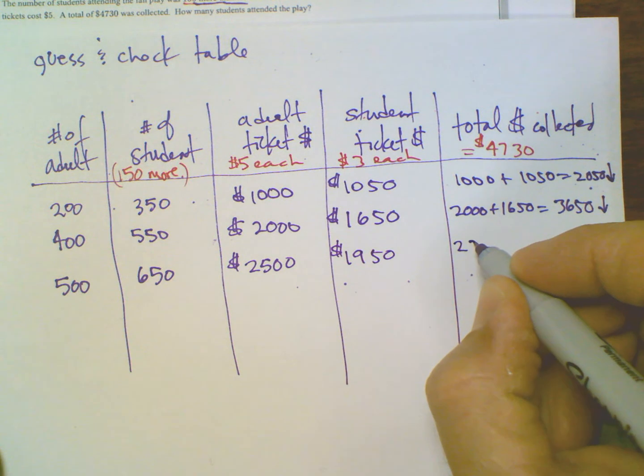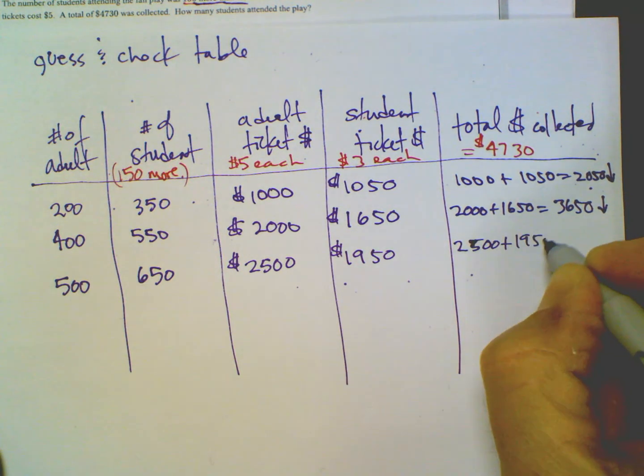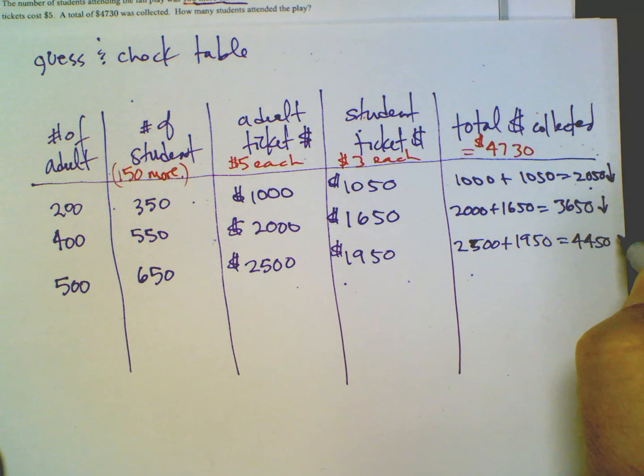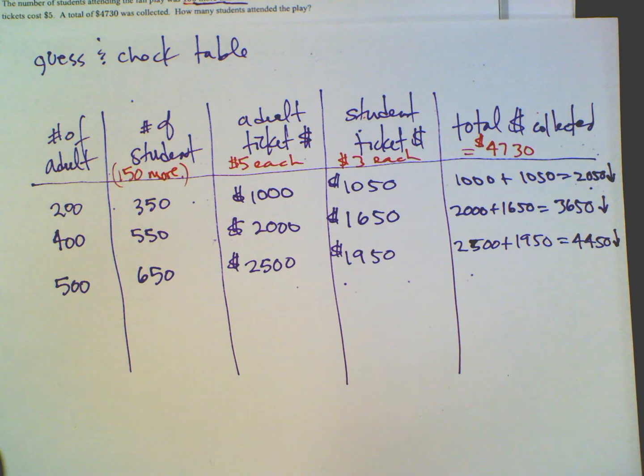If I add those two up, 2,500 plus 1,950 gives me 4,450. That's close, but I'm still too low. I still have to guess higher, but definitely a lot closer. I don't need to go 100 higher, because I was jumping up by almost 1,000 every time I went 100 higher.